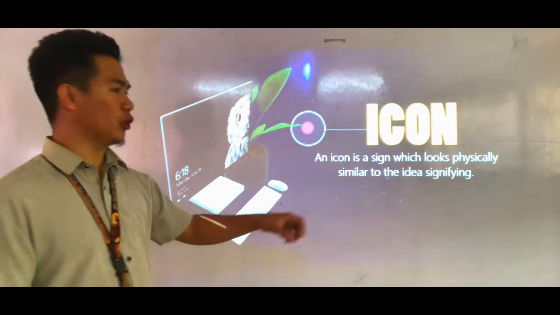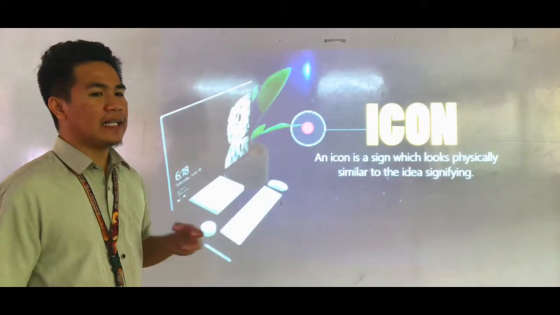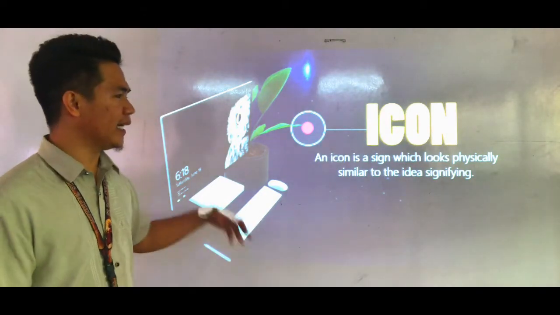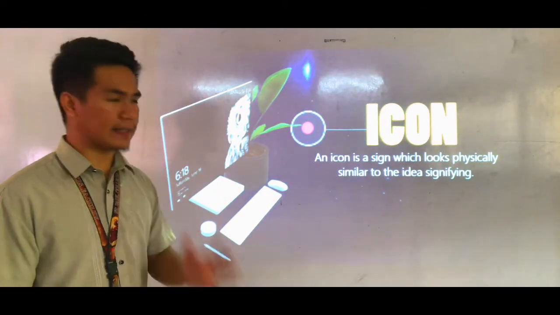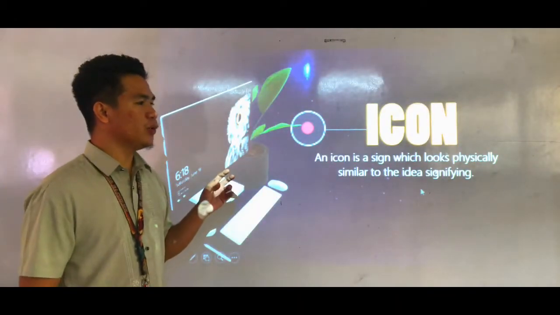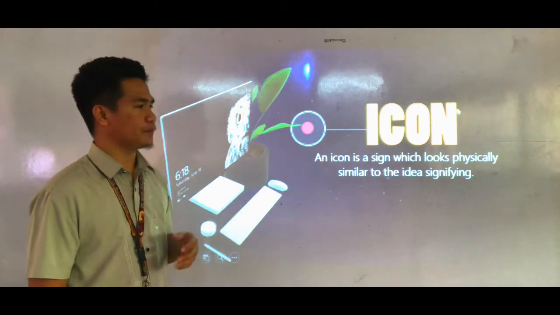When we say icon, my dear senior high school, an icon is a sign which looks physically similar to the idea signifying. Again, an icon is a sign which looks physically similar to the idea signifying.